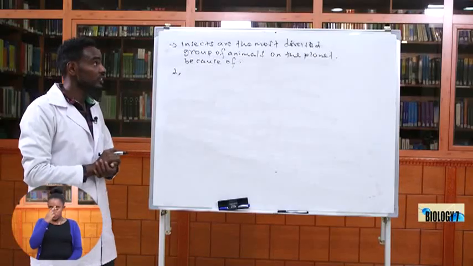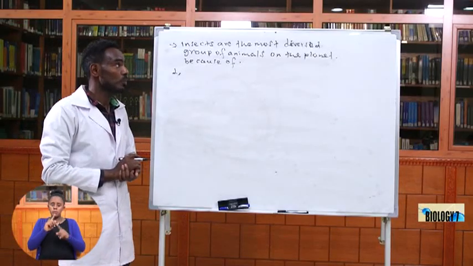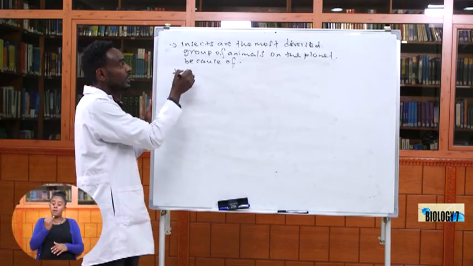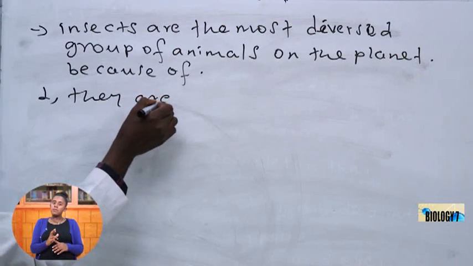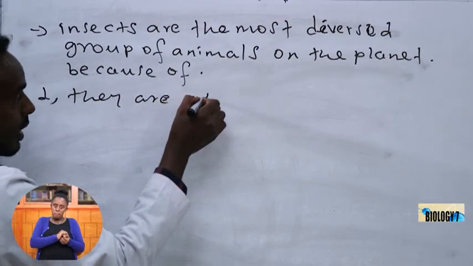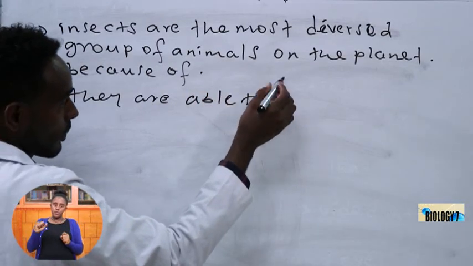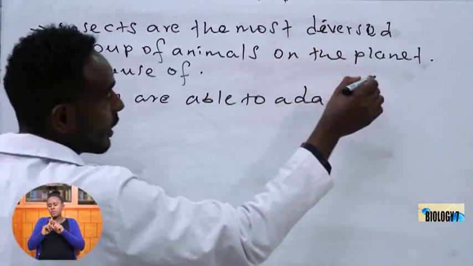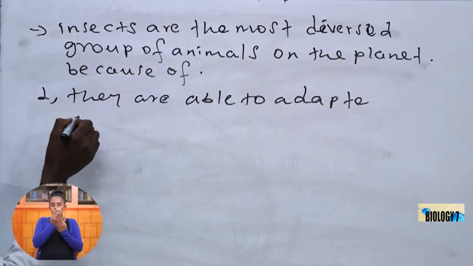The reason why insects are the most diverse group of animals on the planet is that they are able to adapt to different conditions.